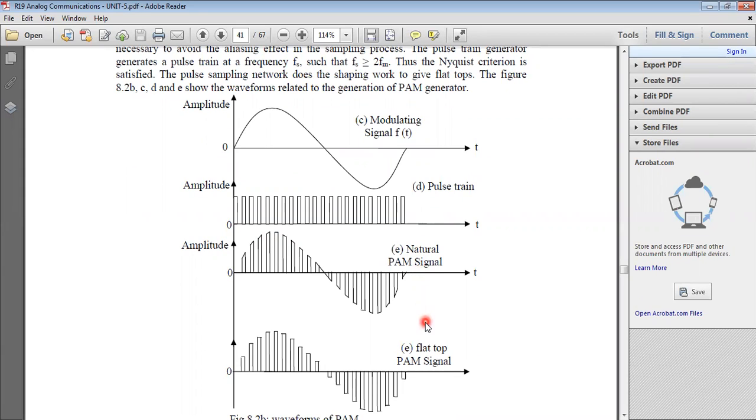To generate a flat top for each pulse, the signal is again passed through pulse shaping networks. By passing through the pulse shaping network, we have a flat top for each sample.